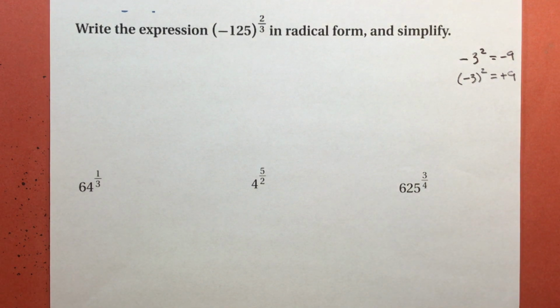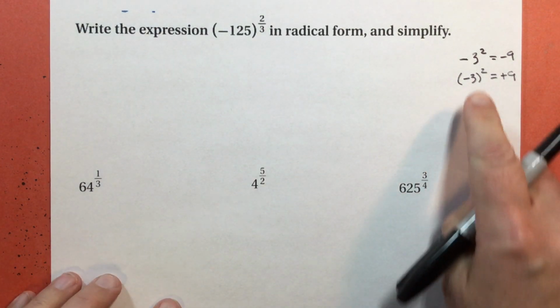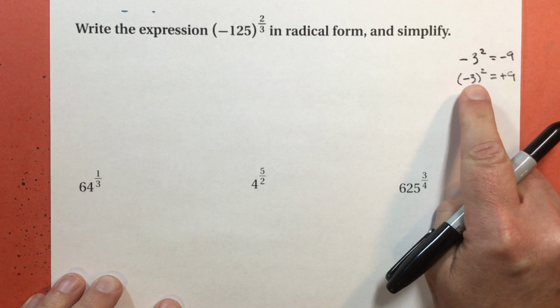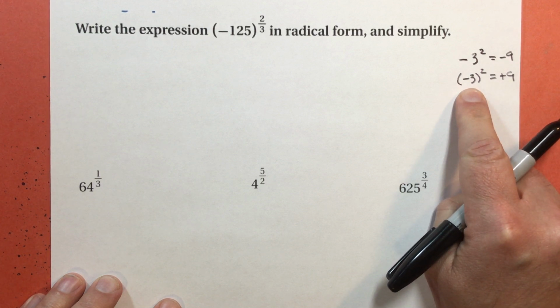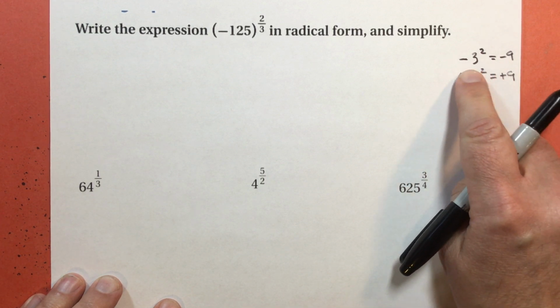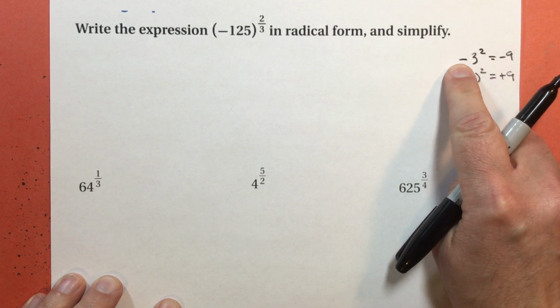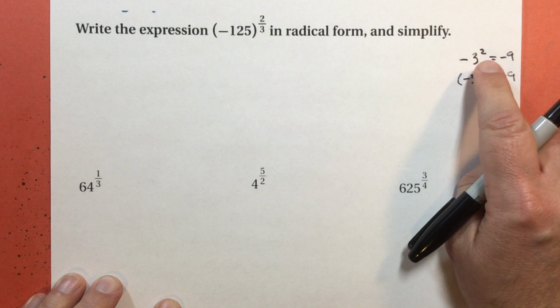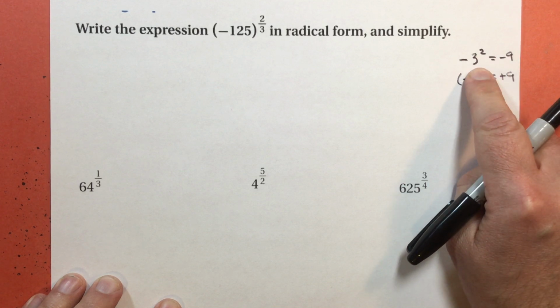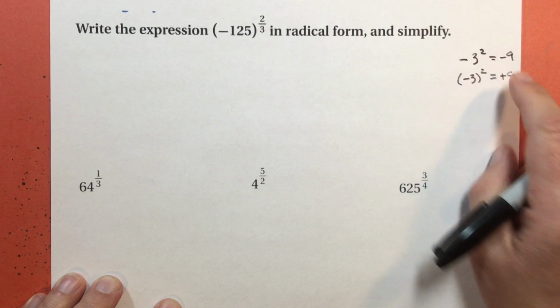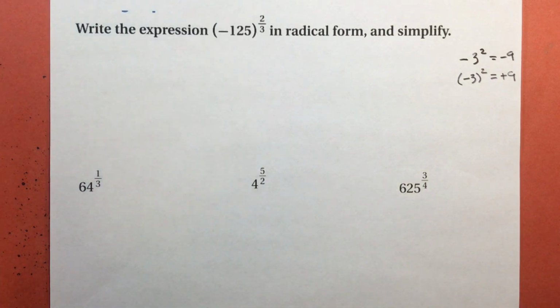So what's the difference? This with the parentheses is saying negative 3 times negative 3, and a negative times negative is a positive. Without the parentheses, it's saying what's the opposite of 3 to the 2nd power? 3 to the 2nd power is 9, and the opposite of that is negative 9. So again, this is not something that comes naturally. This is just language.